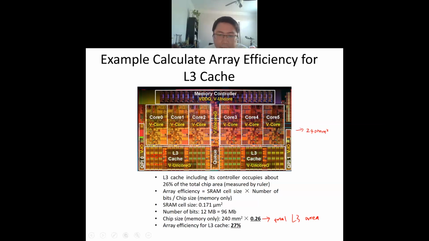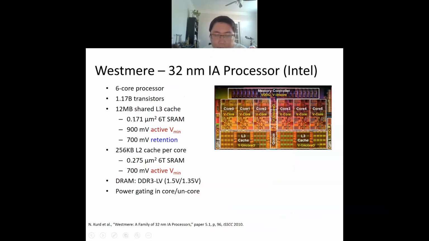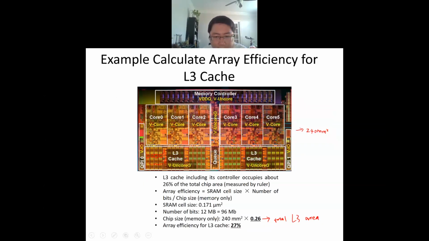Each SRAM cell is 0.171 micrometer square, as we show here. But this is one cell, 1 bit. So how many bits are in the L3 cache? It's a 12 megabyte L3 cache, but we need to do a translation because 1 byte is 8 bits. So 12 megabytes is actually 96 megabits.